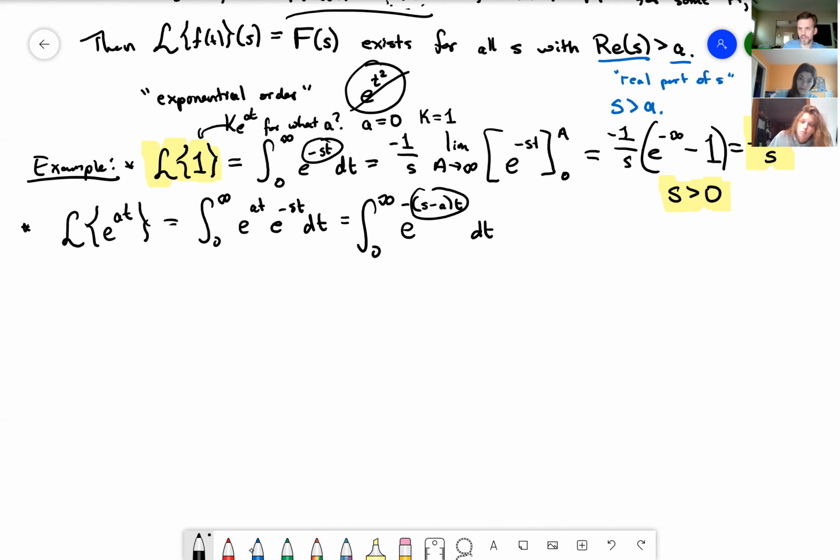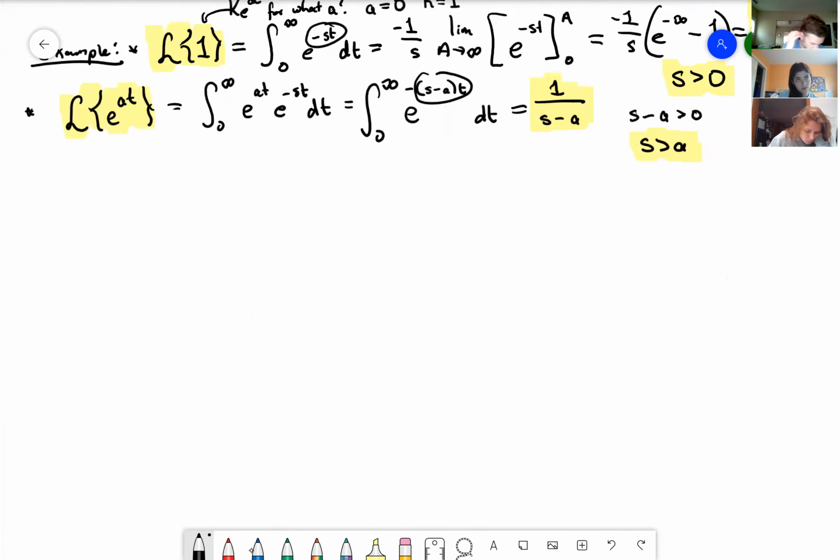And so we get the exact same thing here, replacing s with s minus a. So this is equal to 1 over s minus a. And this exists when s minus a is greater than 0. In other words, s is greater than a. So that's the s-plane: the real part of s is greater than a. Of course, we only deal with the real. The real part is the whole thing.